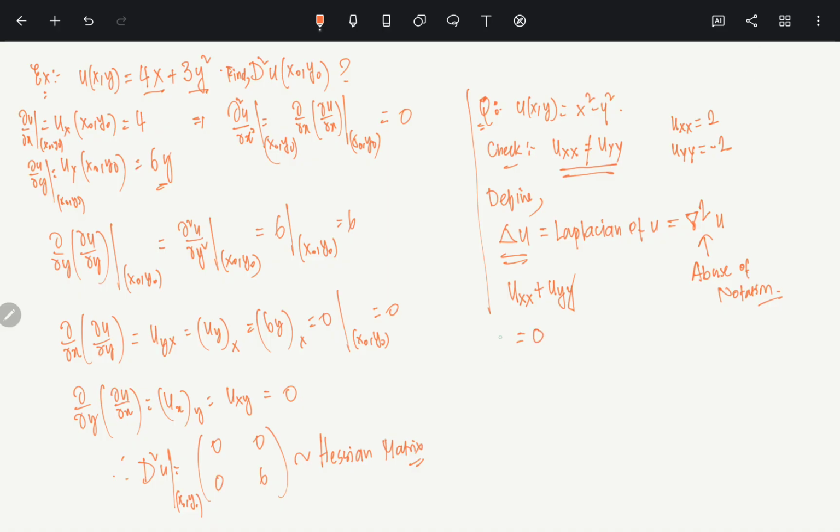So this function, x squared minus y squared, satisfies the relation Laplace u, which is u_xx plus u_yy, equals 0.